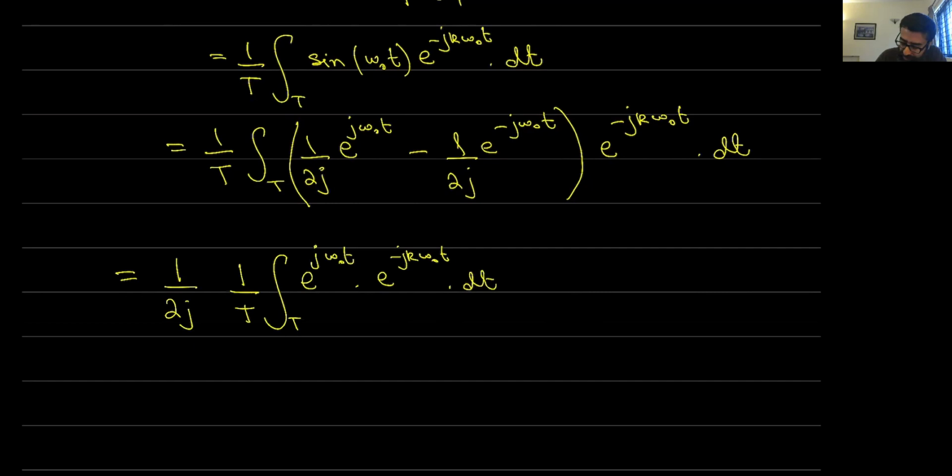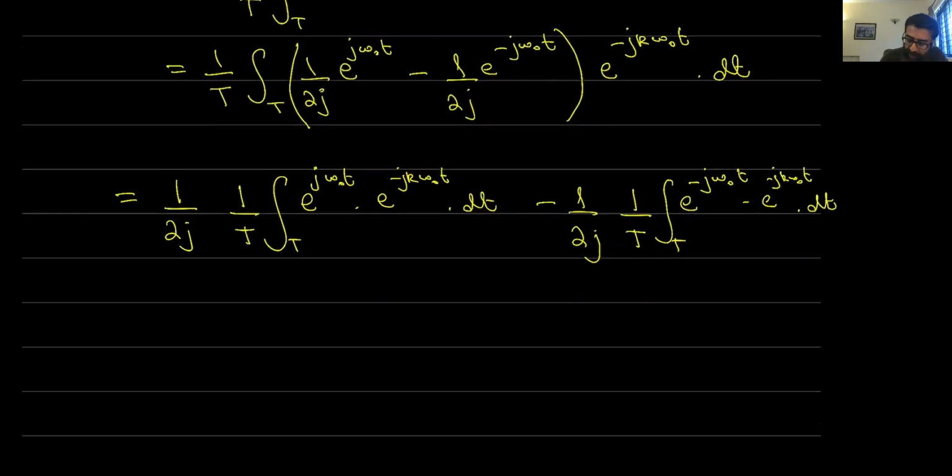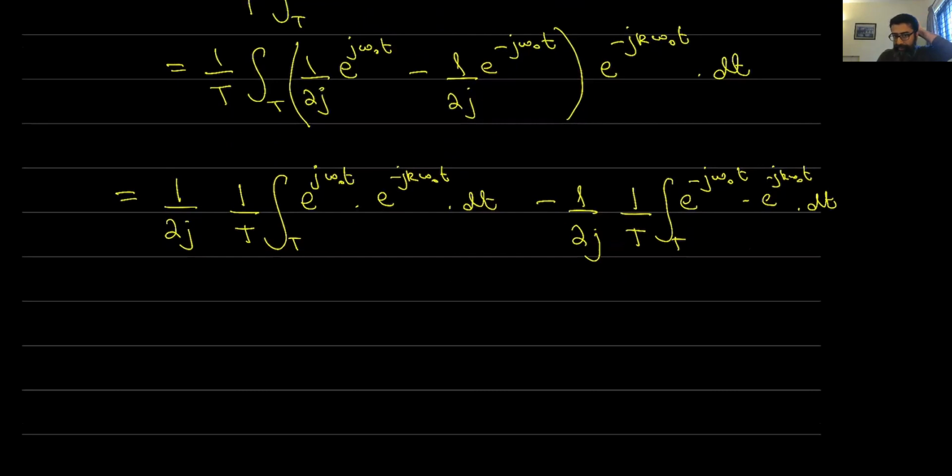And then there's the next term, which is minus 1 upon 2j, and then 1 upon T integral of e raised to power minus j omega naught t times e raised to power minus j k omega naught t times dt. And all I need to do is to evaluate these two integrals separately.